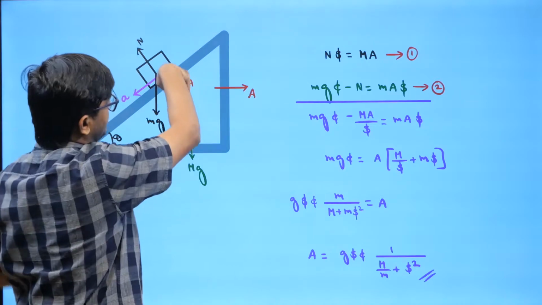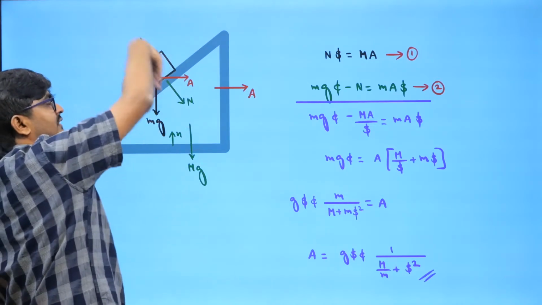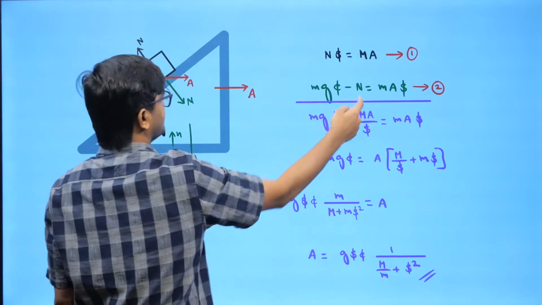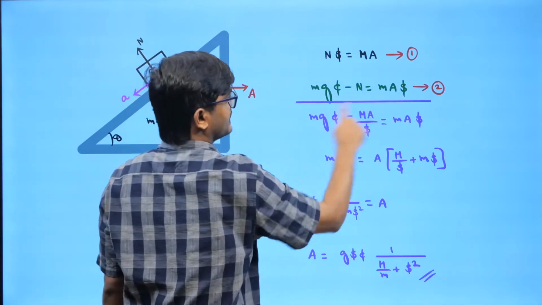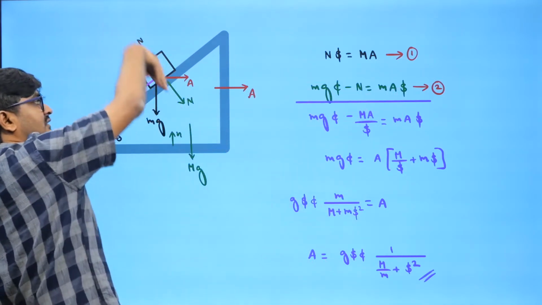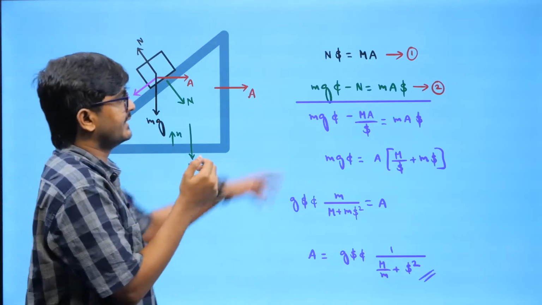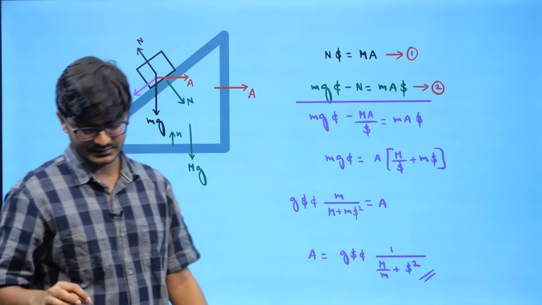So the net acceleration along this direction is capital A sin theta. So what is the net force? mg cos theta minus N must give me m into A sin theta. This equation is F equals ma along this direction. Why have I done that? So that I can avoid small a and settle down with only 2 variables, so that I can eliminate them easily and get the required answer.